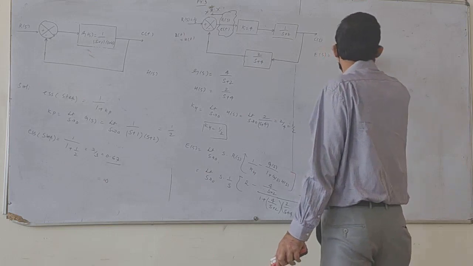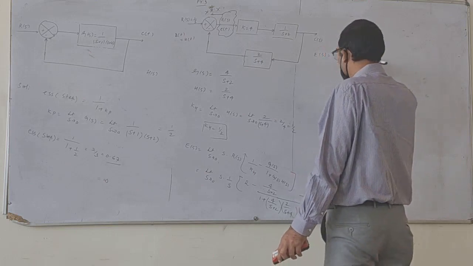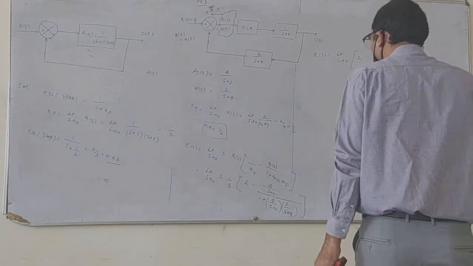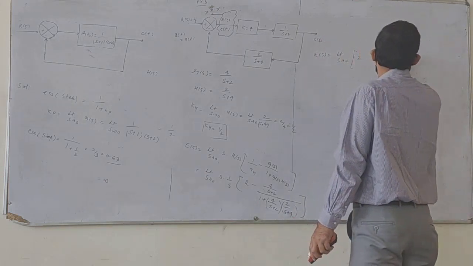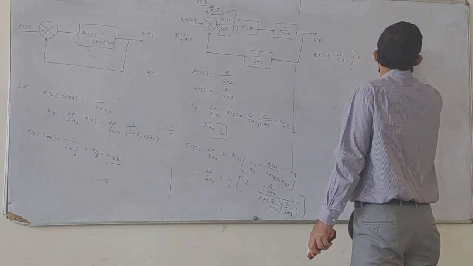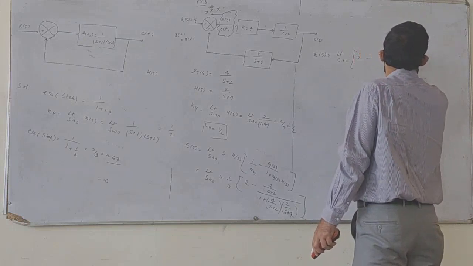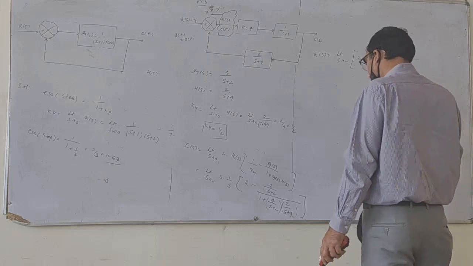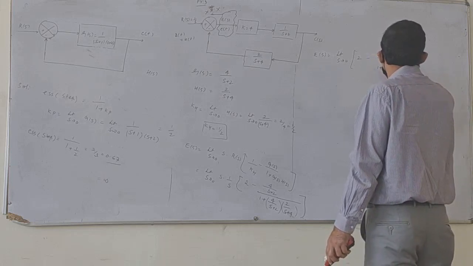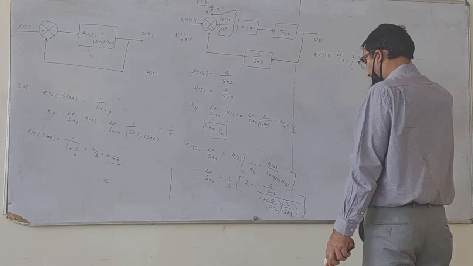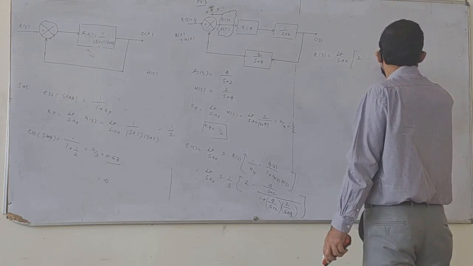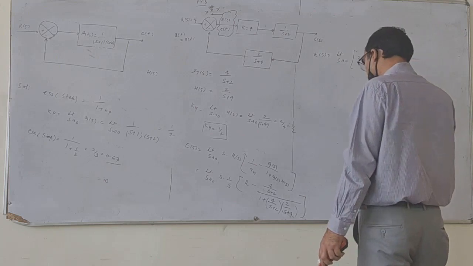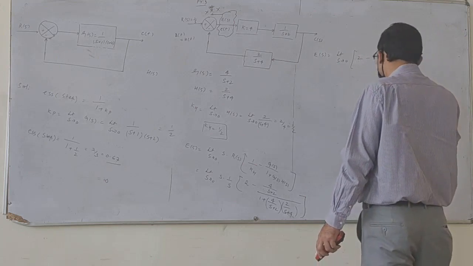This will get cancelled, and this will become 2. 1 by 2 will go up, will become 2 minus, whole divided by s plus 2. Fine. Then in the denominator, what can we write? 1 plus s plus 2 plus. No need to multiply because we will be getting zeros. So plus 8.